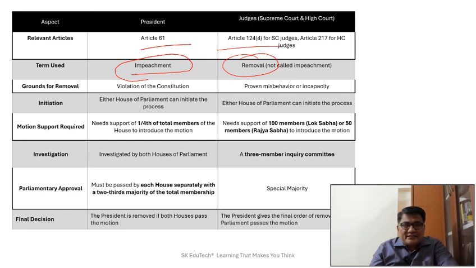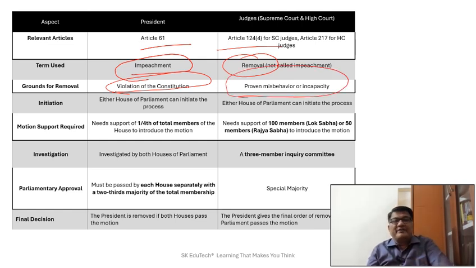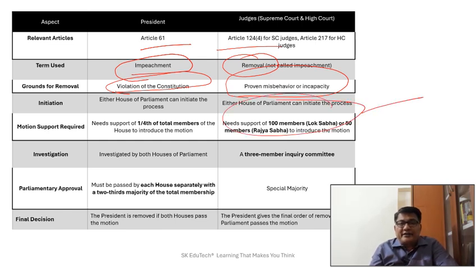Regarding the President, the reason is violation of the Constitution. That means if you violate the Constitution, only then can you be impeached. Whereas regarding High Court and Supreme Court judges, the reason is proved misbehavior or incapacity, meaning charges have to be proved. I do agree a few processes may be similar, but in the case of judges, a 3-member committee is appointed. This is a major difference. Such a committee is not there in the case of the President.